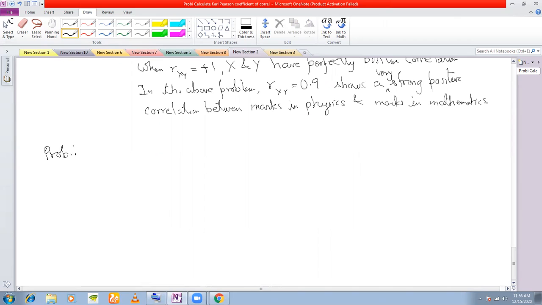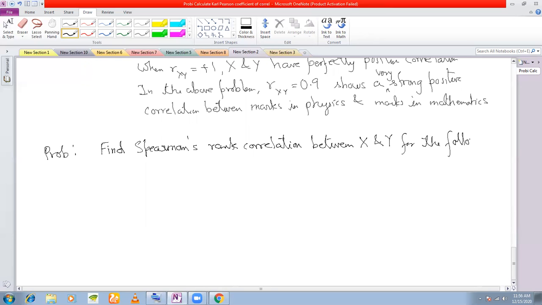Okay, so the question is, find the correlation coefficient, find Spearman's rank correlation between x and y for the following observations. And what are the observations? Let's see.